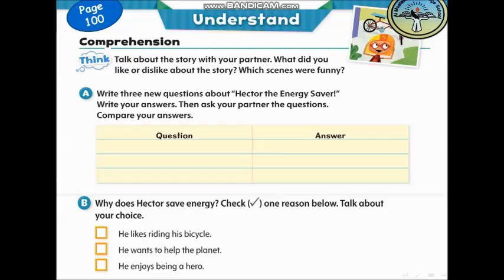Okay, now, why does Hector save energy? Check, write 1 reason below. Talk about your choice. Okay, he likes riding his bicycle, or he wants to help the planet, or he enjoys being a hero. Why do you think Hector saves energy? Raise 1 finger to answer, please. Yes, Jenna?